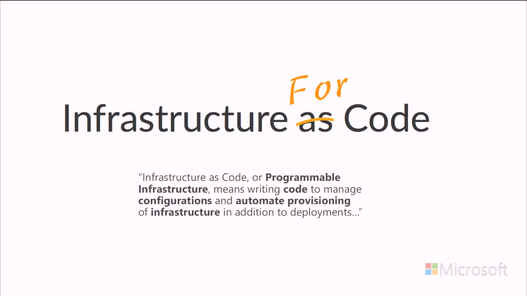Now, what you need to think about is infrastructure as code, or is it worth treating infrastructure as code? This concept of infrastructure as code is creating programmable infrastructure, so creating scripts to provision your infrastructure rather than setting up the servers or the infrastructure manually.